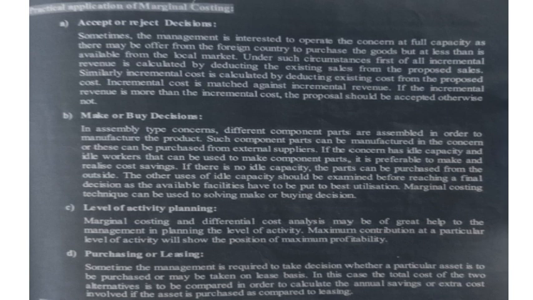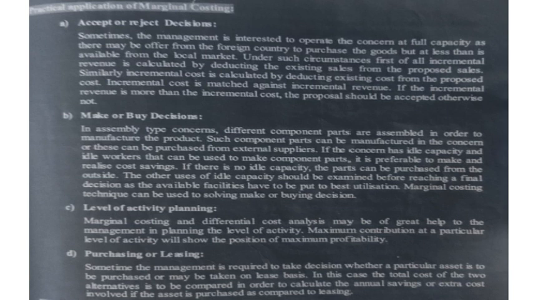If the cost incurred by making the product is more, it is better to buy the product from the external suppliers. So this is one of the techniques which can be used to decide whether to make or buy a product.